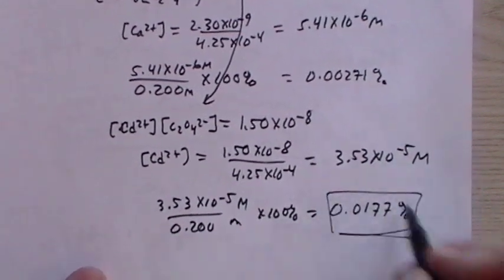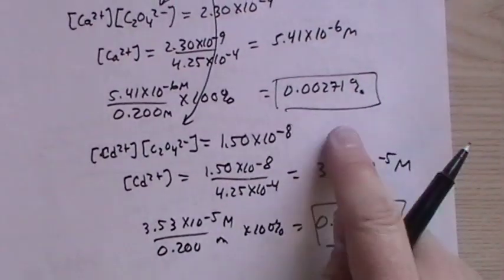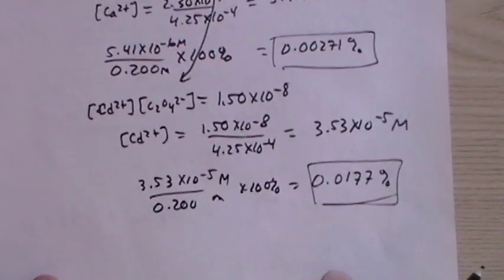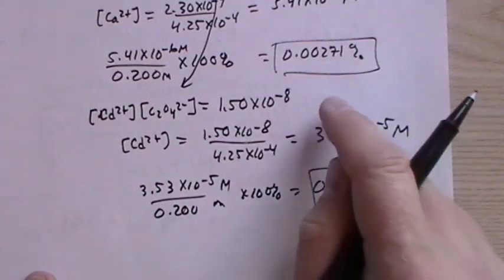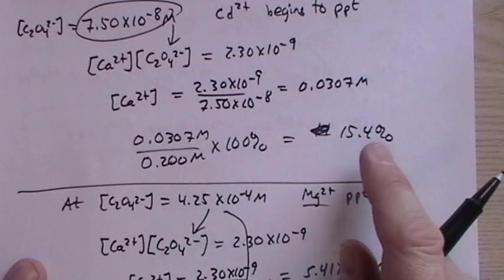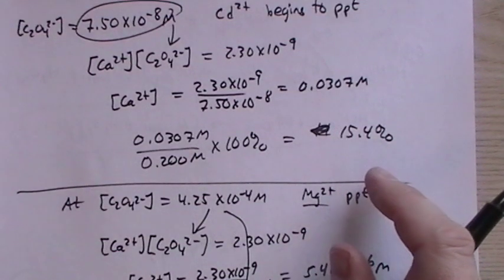So you see that the calcium is nearly gone. That's almost nothing, and this is close to nothing. So this actually looks like a pretty good separation here for the magnesium, but for this one up here, there's 15% of the calcium left over when the cadmium begins to precipitate. That's probably not so good.